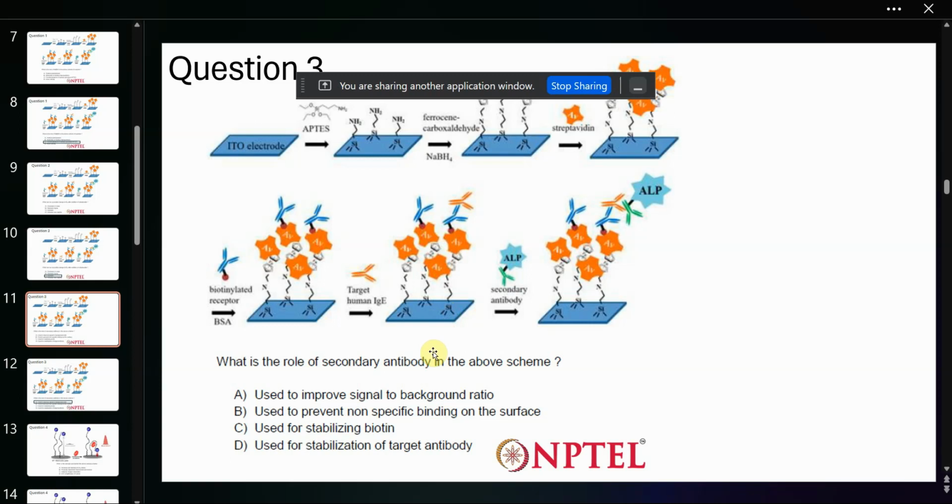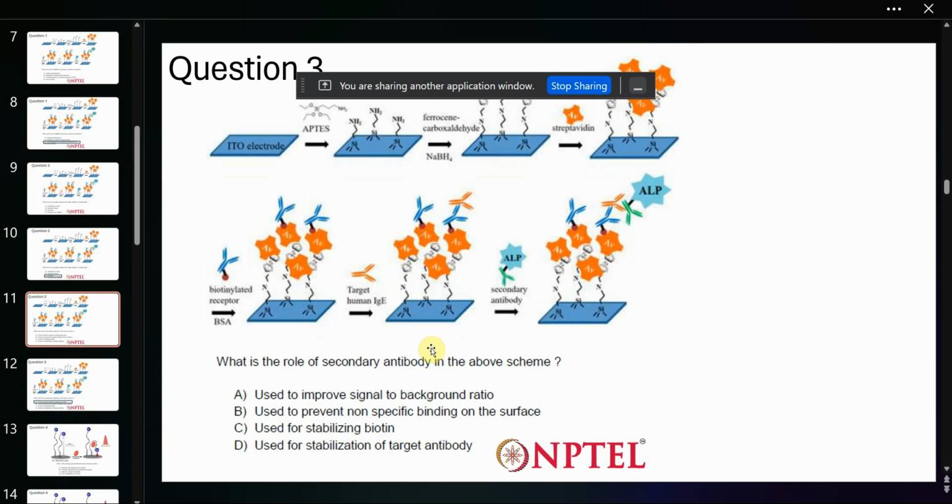Let's go with the elimination options. Let's go with option D, use for stabilization of the target antibody.